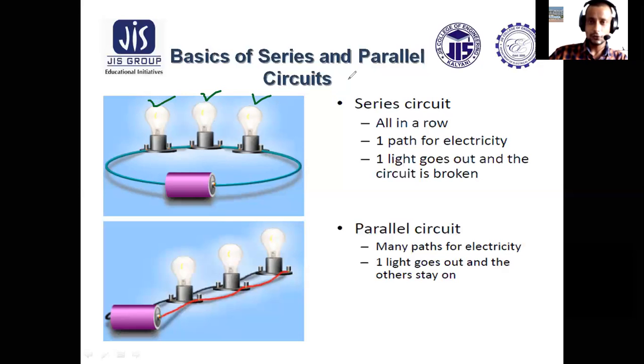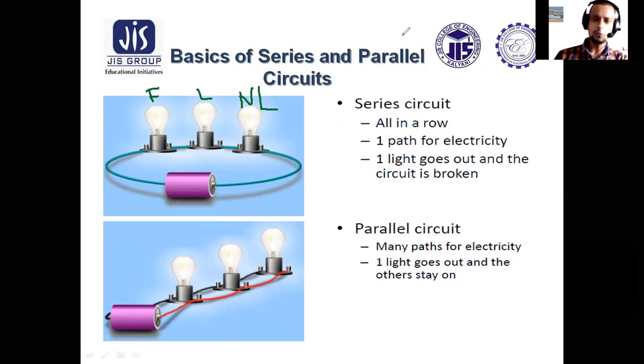What else? Suppose here we have considered three bulbs. Now suppose instead of a bulb, this is a fridge, this is a light or bulb, and say this is a night lamp.